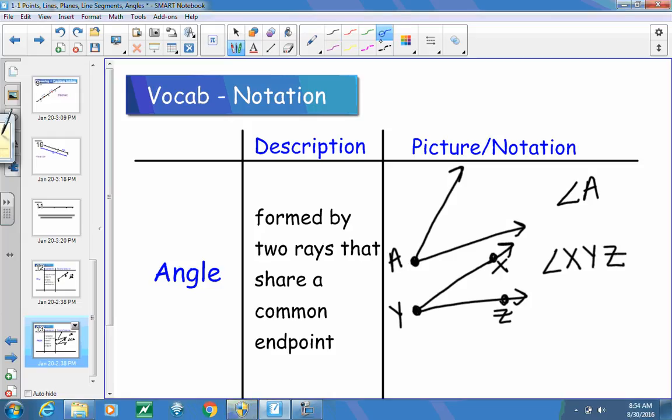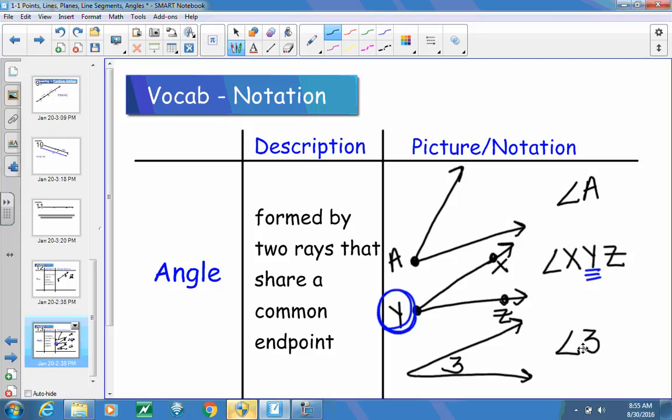The main thing is you need to make sure that the point at the vertex, which is at that endpoint, is in the middle. Another way you can name angles is that sometimes you'll see them numbered. I could put a number 3 right here, and this is angle 3. Eventually I would like to use that because it's a lot easier and faster to refer to. Sometimes you can get away with angle A, but sometimes we have to be more specific with our angles.